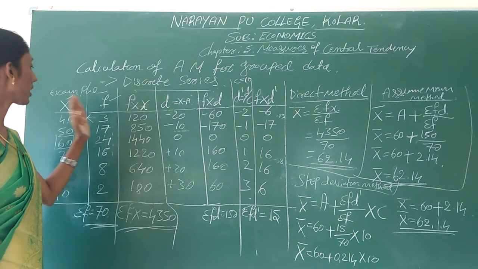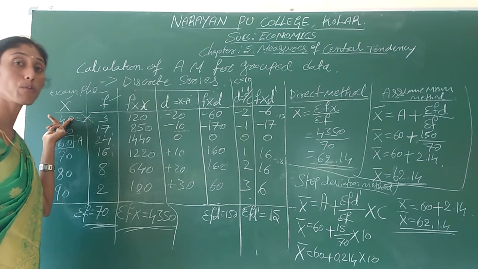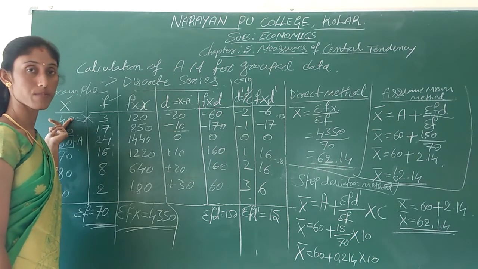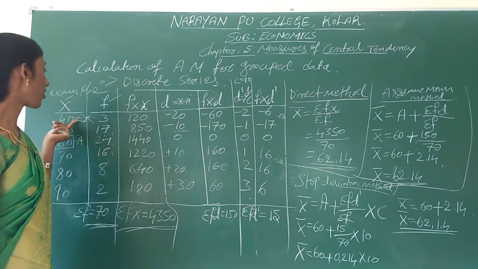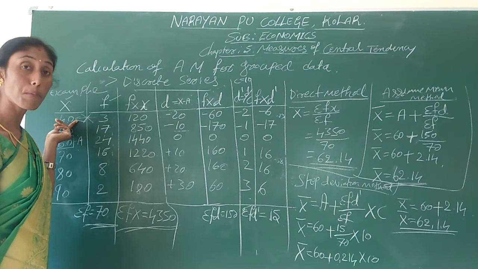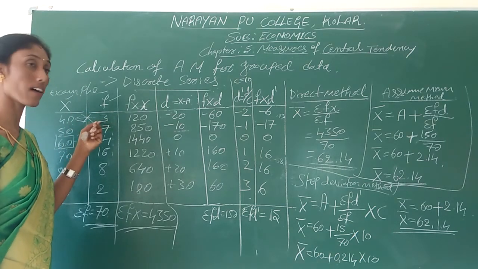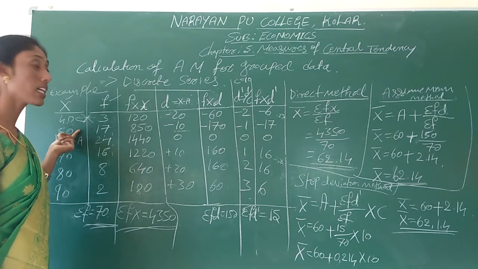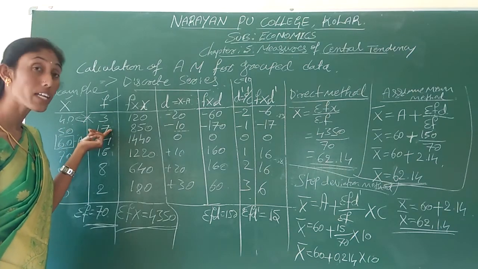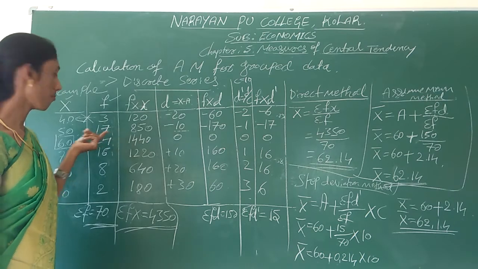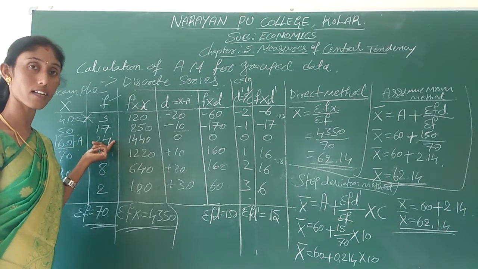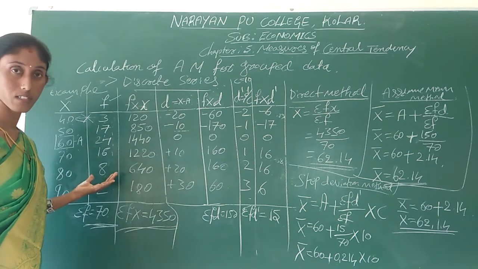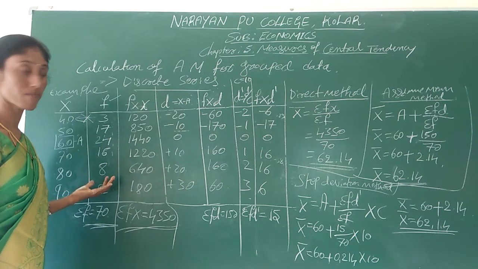Frequency means how many times the observation appears in the data. Here 3 means 40 appears 3 times in the data, 50 appears 17 times, and 60 appears 24 times. This is how the frequencies are obtained.